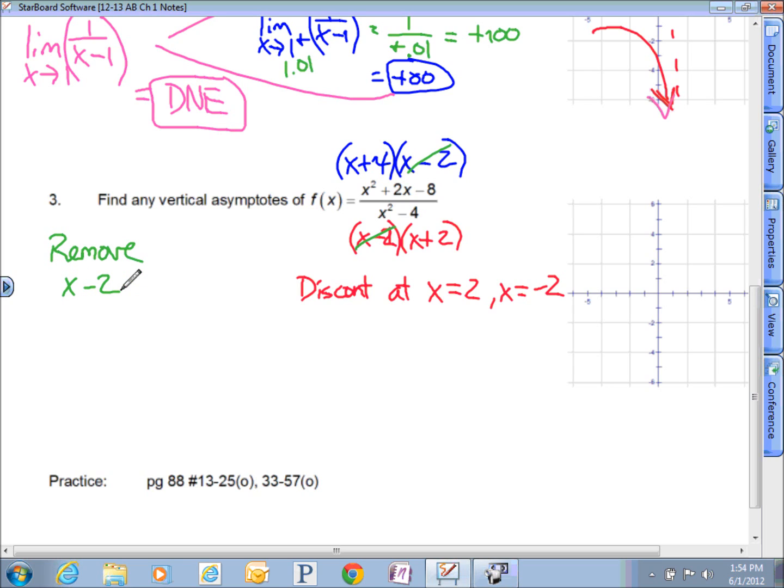If I set x minus 2 equal to 0, I just effectively removed x equals 2 from this problem. What I really have is a new problem that says f of x is really the same thing as x plus 4 over x plus 2. What does that mean? We just removed the x equals 2 from the problem. What that means is a removable discontinuity.